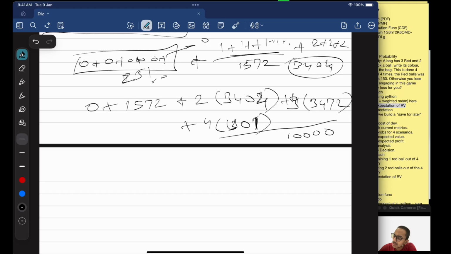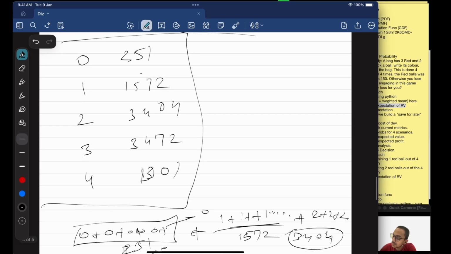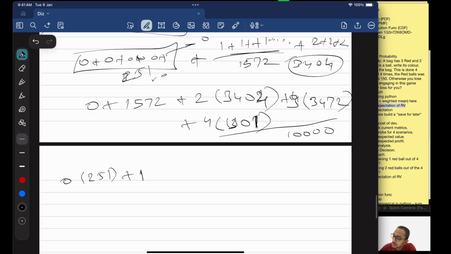So this can be rewritten as 0 times 251 plus 1 times 1572 plus 2 times 3404. So we can rewrite this this way, right?